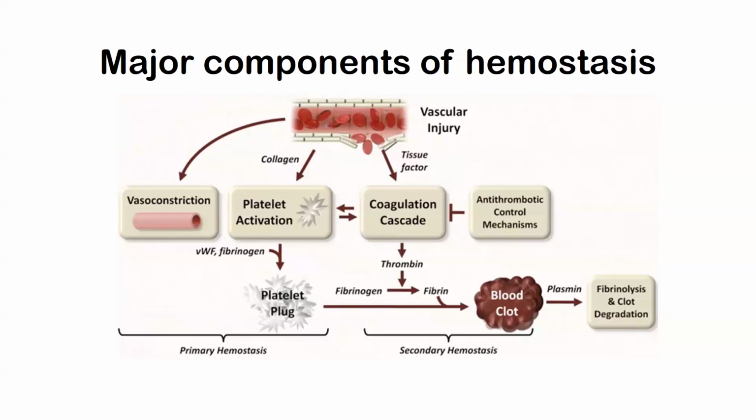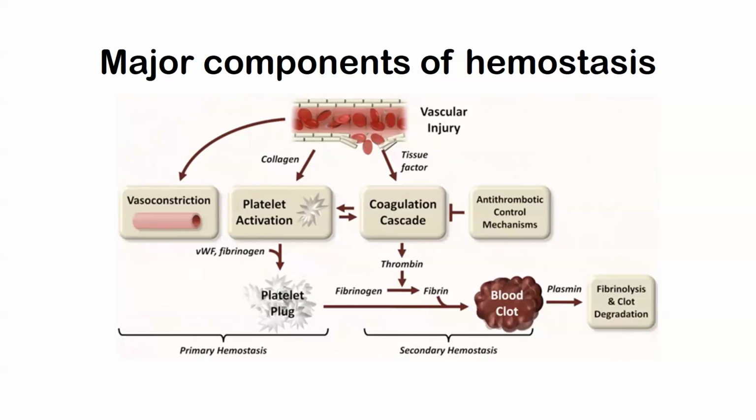This platelet plug is the primary hemostasis. Once there's a platelet plug, it's not stable enough, so it will need an assist from the coagulation cascade. The coagulation cascade, using the coagulation factors, will form a very firm fibrin clot. Hence, we have the secondary hemostasis.